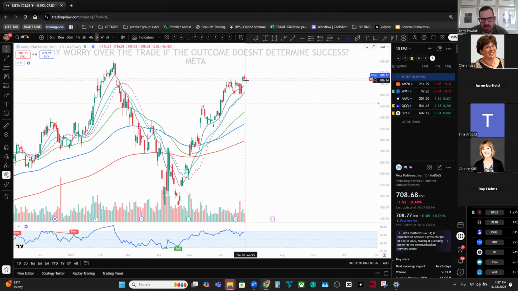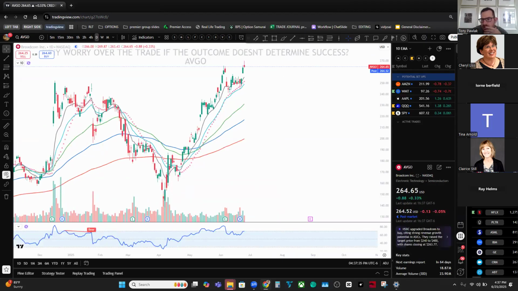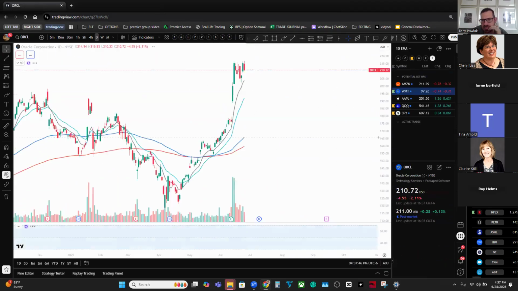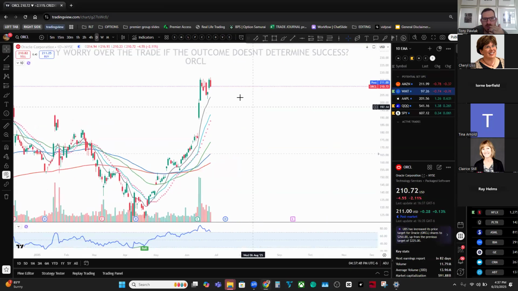This is not a 10 EMA because it's not close enough to that 10 EMA. So we're going to move on to the next one. Same story on that one. Walmart. Walmart is just very sideways. I probably would like to wait for more of a trending stock on that. This is another one that was just too far away.